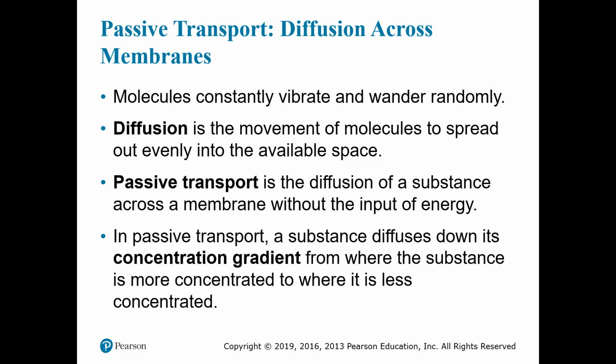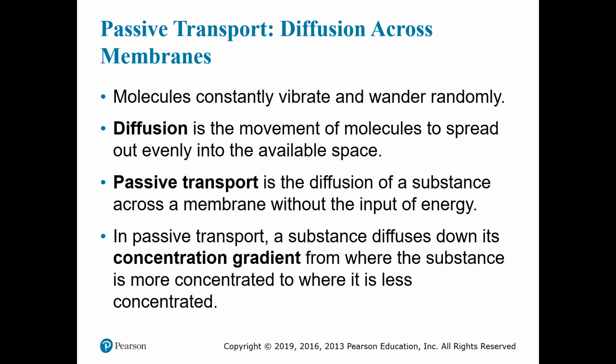Think about diffusion as whenever you spray perfume or cologne or Febreze, you'll spray it in one location in the air, and then those molecules will be concentrated in that location. Over time, those molecules will spread out to evenly fill that available space wherever you have sprayed it. That is the process of diffusion, and molecules can use that process to move across the plasma membranes.